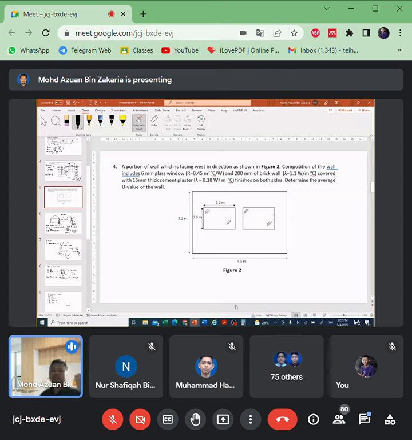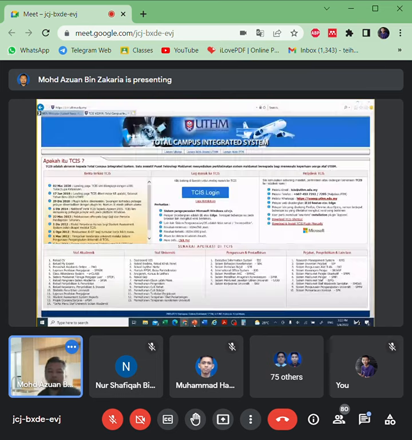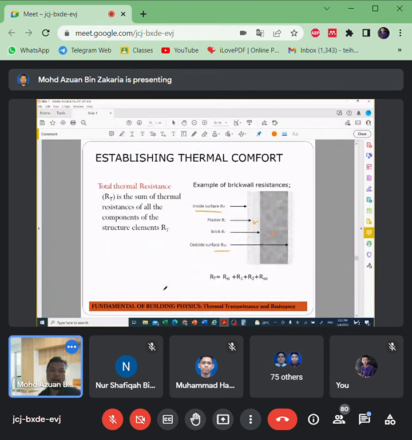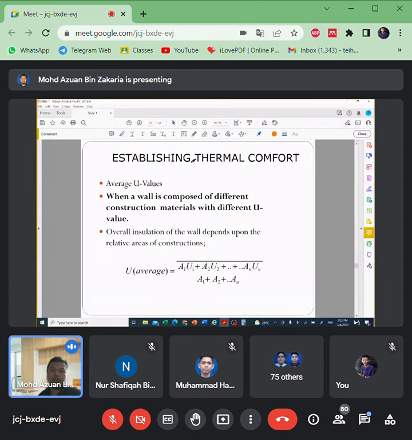So basically in this case, if we want to calculate U value of the whole wall, we need to use this one, average U value, when a wall is composed of different construction material with different U value.